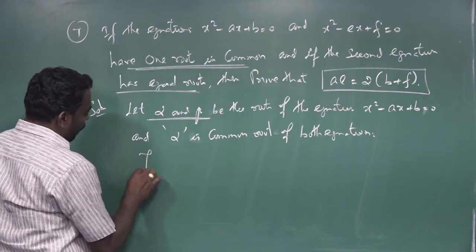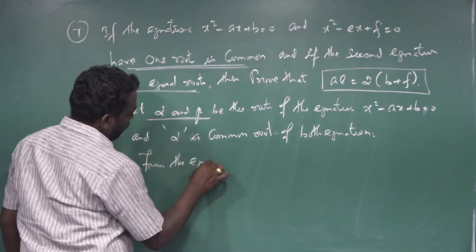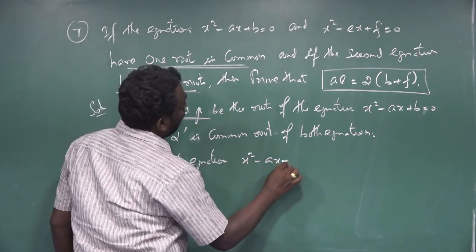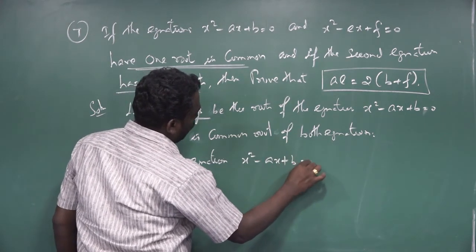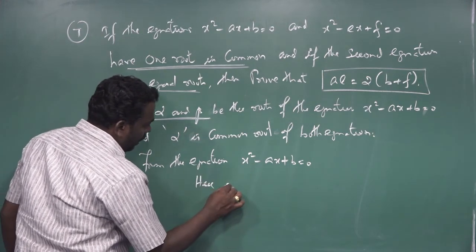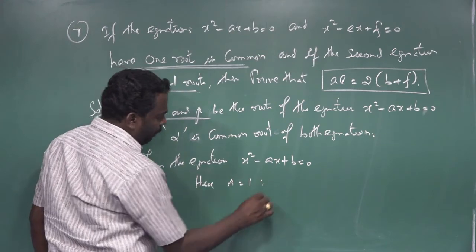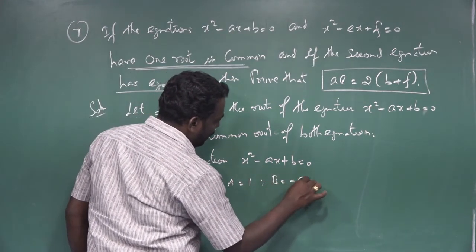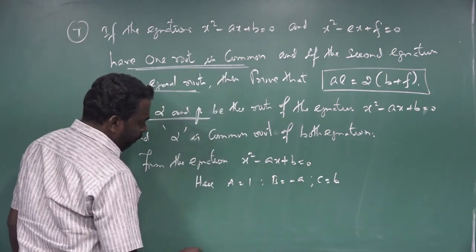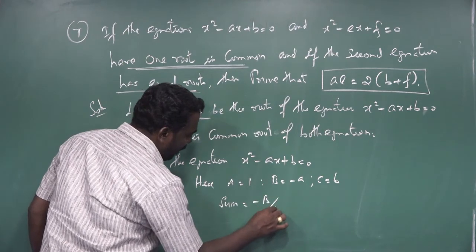Now first we take the equation x square minus ax plus b equal to 0, the first equation, and here capital A equal to 1, the coefficient of x square. Capital B equal to minus a, the coefficient of x. Then the constant term is defined by b. Then the sum of the roots is defined by minus b by a.